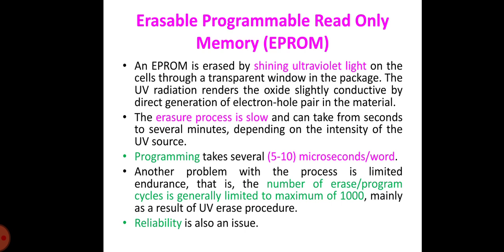Finally, the injection always entails a large channel current as high as 0.5 milliamps at a control gate of 12.5 volt. This causes high power dissipation during programming.